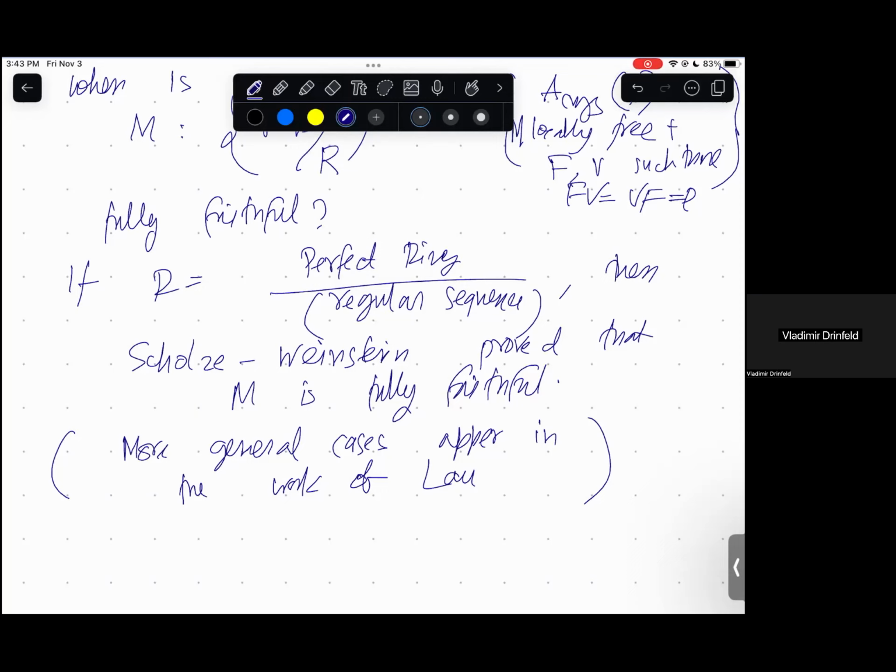The assumption that R has this property of being a quotient of a perfect ring by a regular sequence is very strongly related to the fact that the A_crys you were talking about was classical rather than derived.